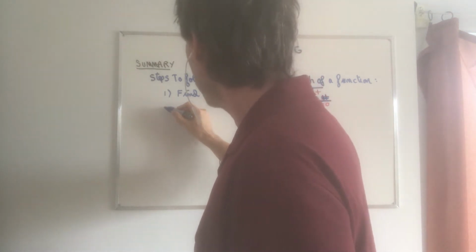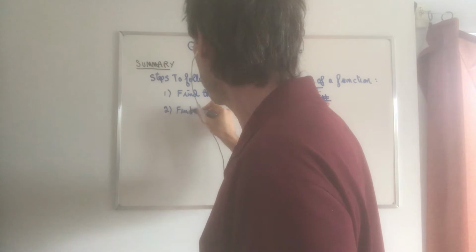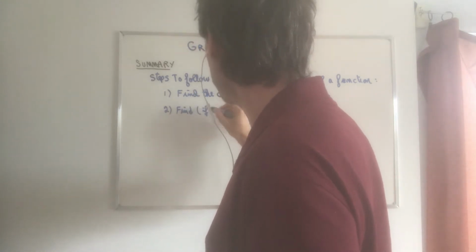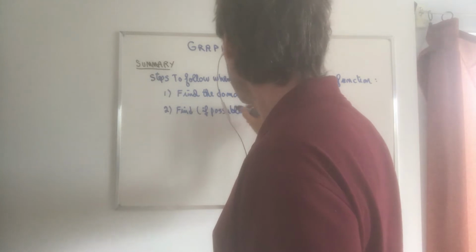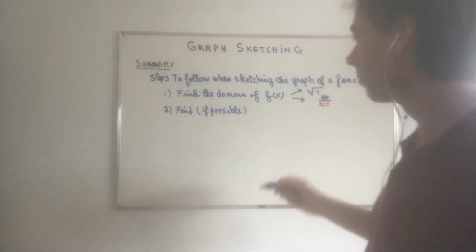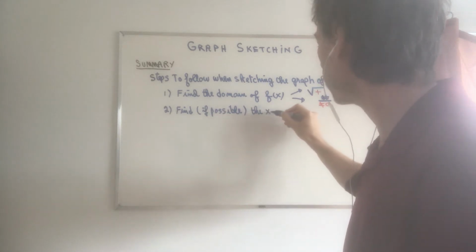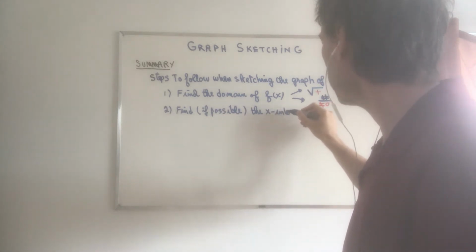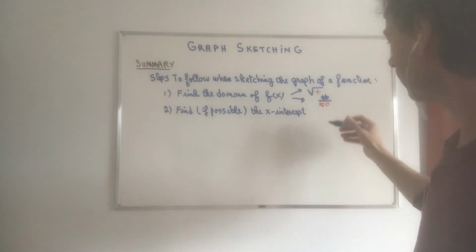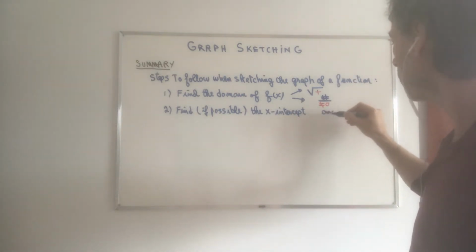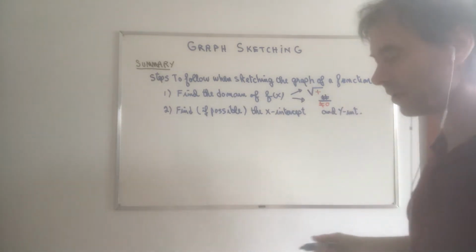Okay, so you have your domain. Now, I'm going to say find, if possible, because it's not always possible, the x-intercept of the function and the y-intercept of the function.